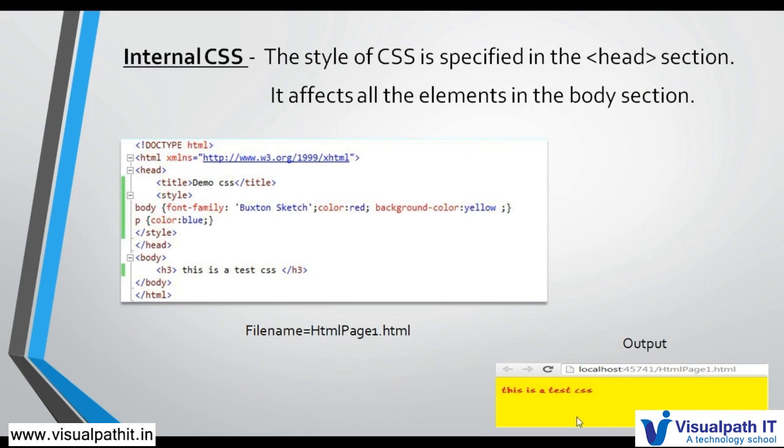Then you can see the output of the code: the background is yellow, the font has been changed, the font color is red, and the background is yellow again. So this is the entire style we have written in the head tag.